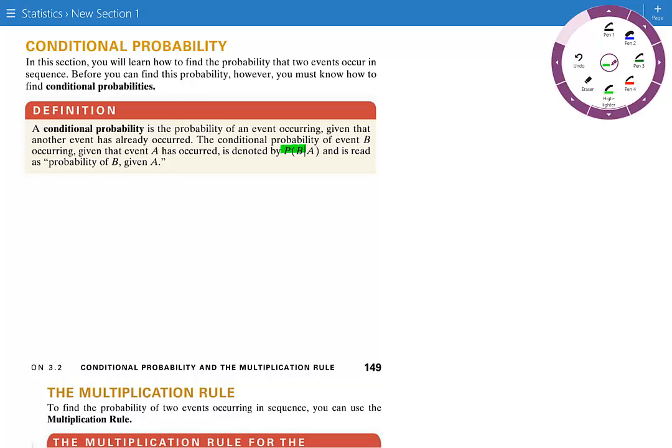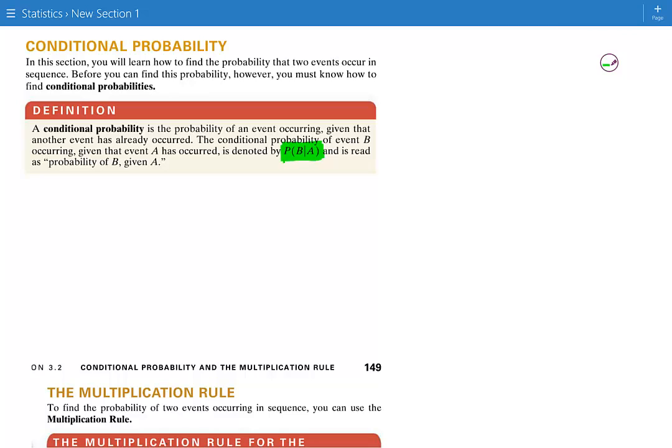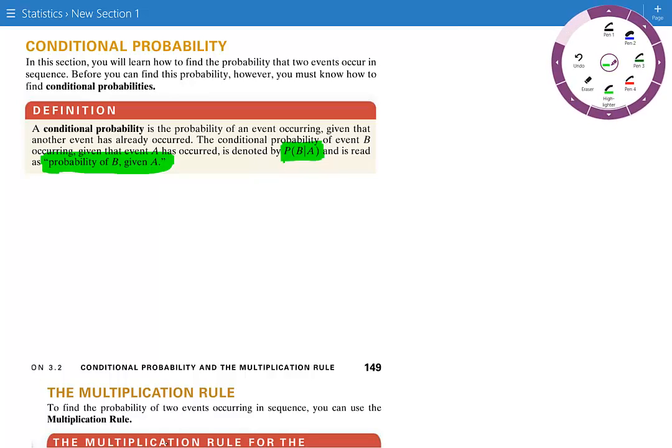So this symbol here, a P, and then in parentheses B, vertical bar A, is translated here as the probability of B given A. So whatever A is, it's an event, and so is B. If there is no event A, then there is no event B. So this means that these things are conditional. One is conditional on the other.